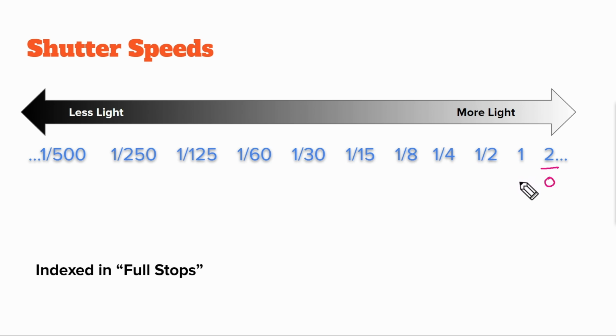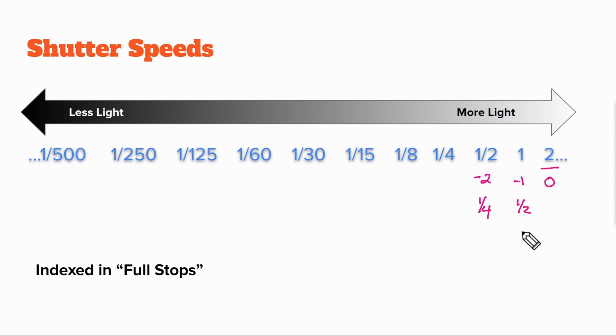We would go minus 1, minus 2. So now, going from 2 seconds to a half a second decreases our exposure by negative 2 stops. And relatively speaking, we're letting in half as much light here, and we're letting in 1/4 the amount of light here.